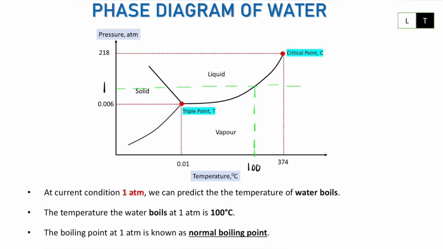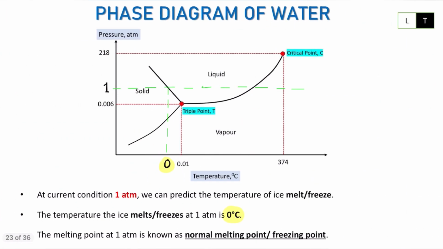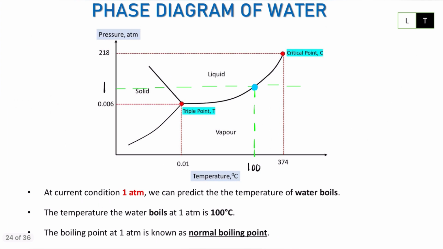So your normal boiling point will be here. Okay, I'm using the blue color. And for the previous slide, your normal melting point and freezing point will be here. So you can see here, normal melting point and freezing point. And here, normal boiling point, 100 degree Celsius.